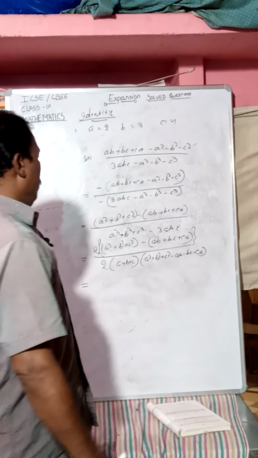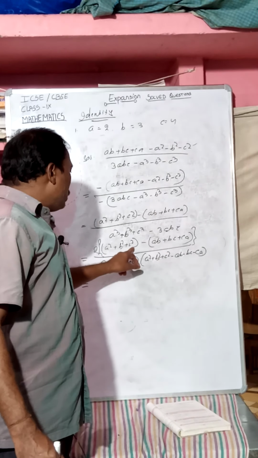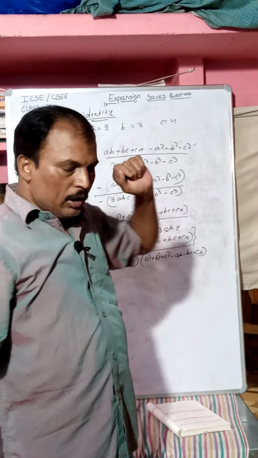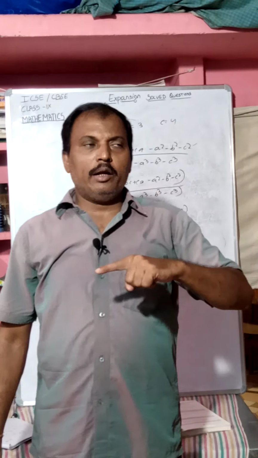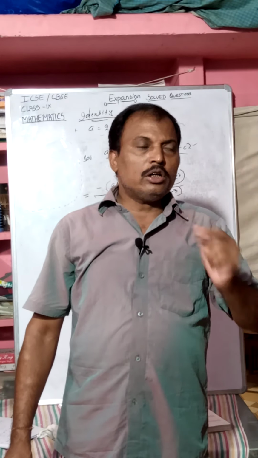That is equal to, if 2 into (A square plus B square plus C square minus of (AB plus BC plus CA)), we multiply 2 on numerator and denominator both, as the value doesn't change.